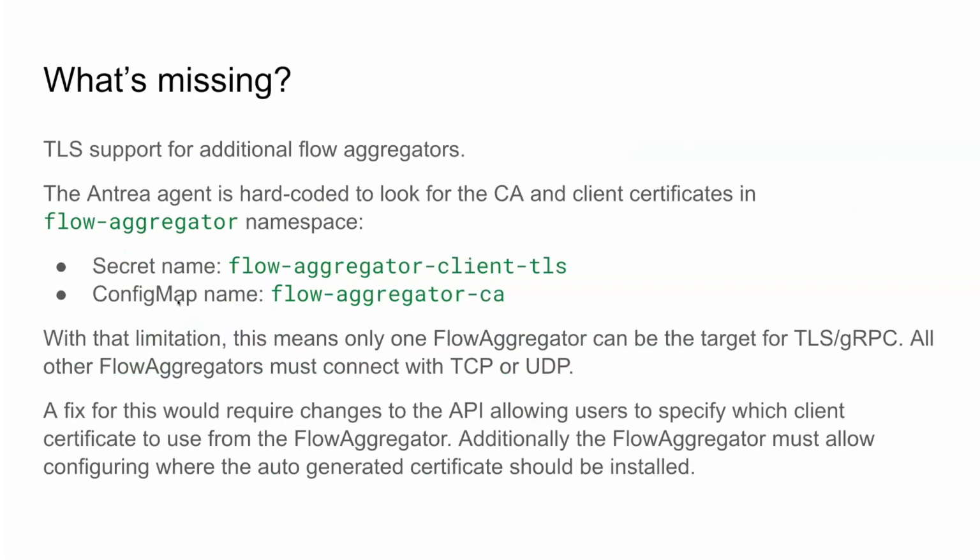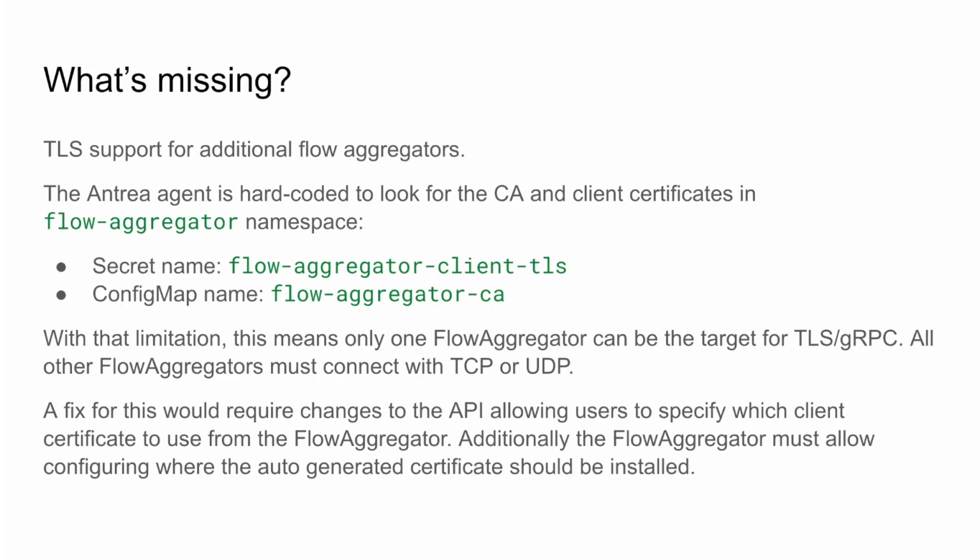There is, however, something which is still missing, and it's TLS support for additional flow aggregators. This is because the Antrea agent currently looks for the CA certificate and client certificate in the flow aggregator namespace using two predefined values for the client secret and for the CA certificate.